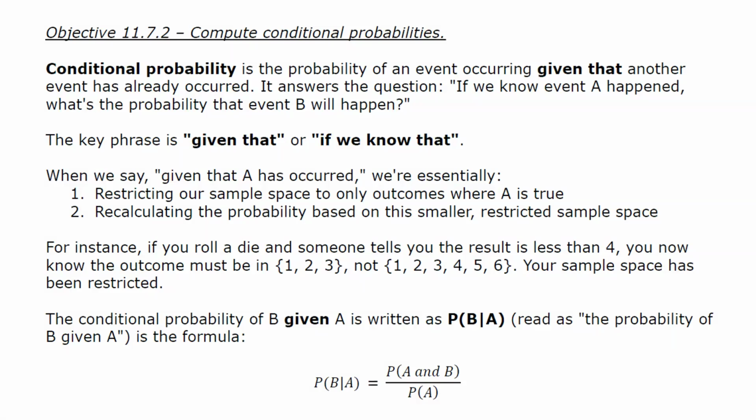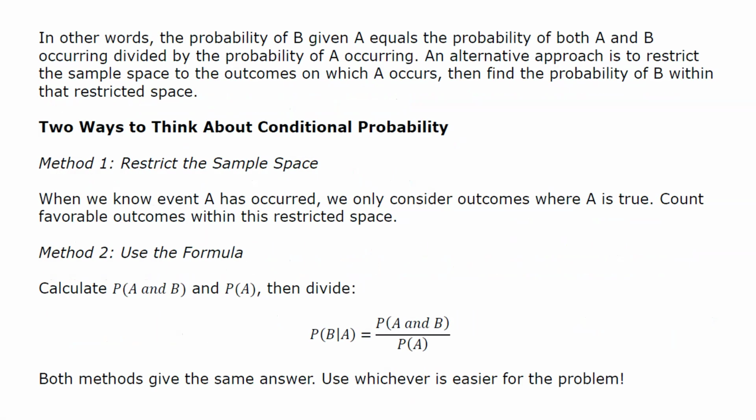So the given is represented by the vertical line. And it equals the probability of A and B divided by the probability of A. In other words, the probability of B given A equals the probability of both A and B occurring divided by the probability of A occurring.